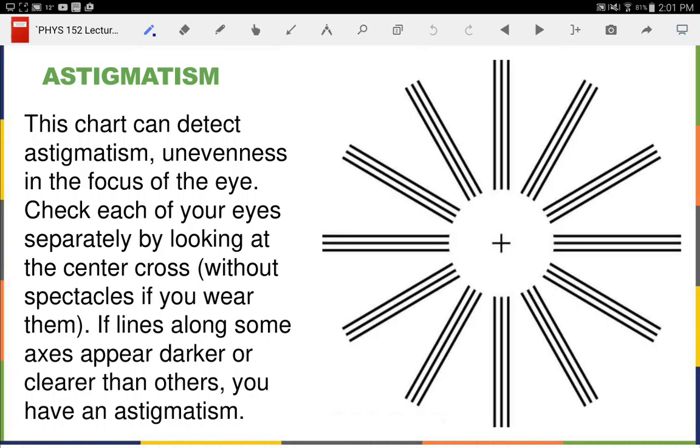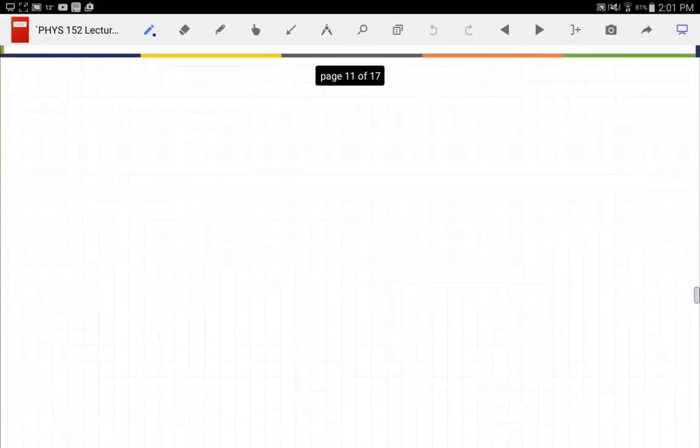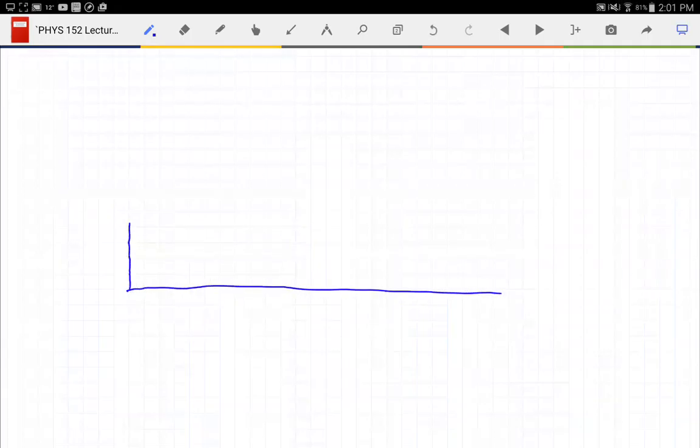Before I talk about astigmatisms, I have handed back all of the tests this time, except for one person. I haven't graded yet, it's my fault. And the scores on this were odd. It's a very bimodal distribution. So just so people can see what it looks like, we have 1, 2, 3, 4, 5 people there.